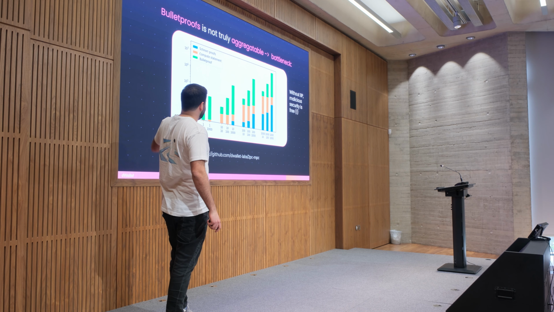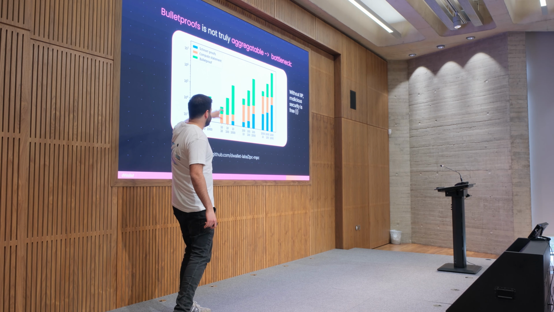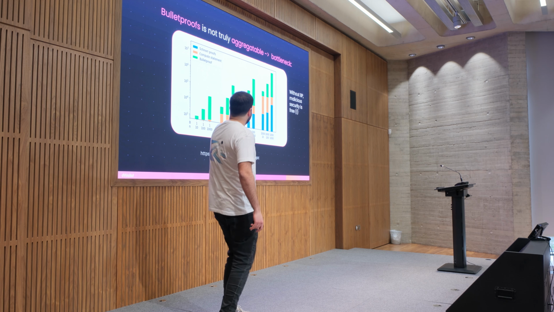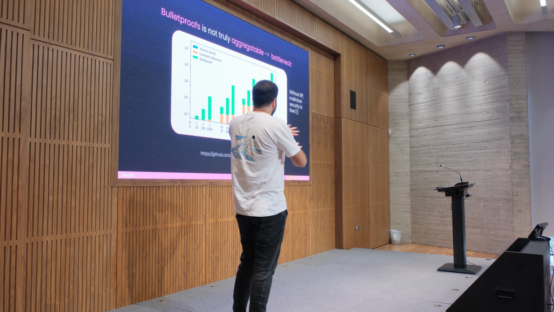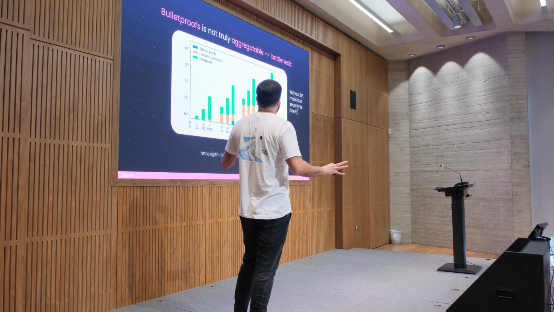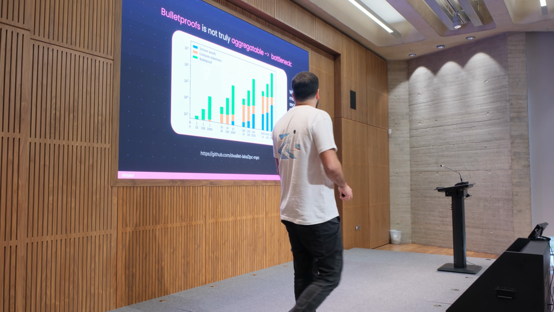The green is bulletproofs, as you can see, and because it's a logarithmic scale, it's not like we do this after this after this. The green is all of this. So bulletproofs is by far the most expensive thing in our protocol. Bulletproof is the range proof that we used.